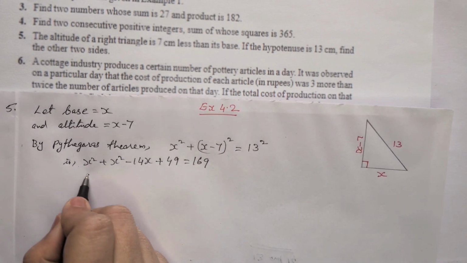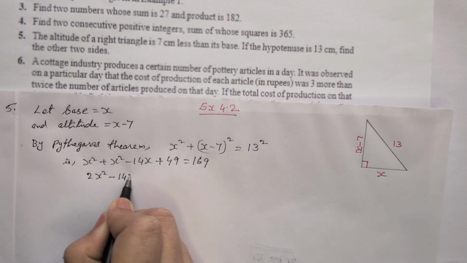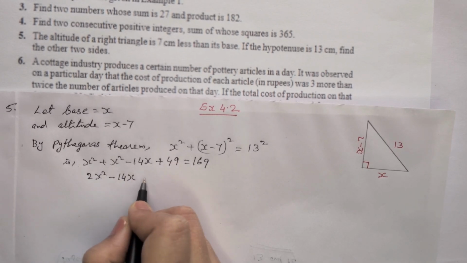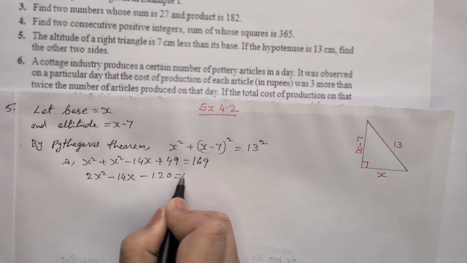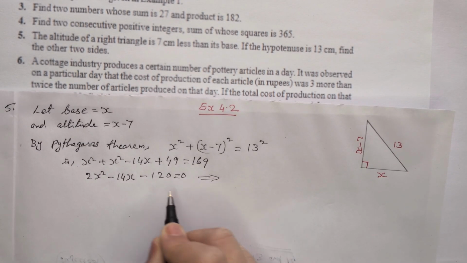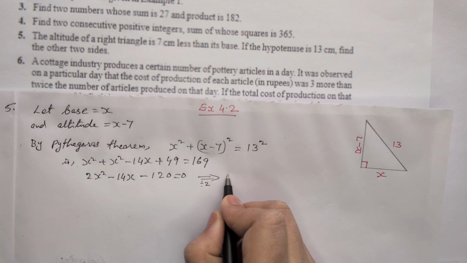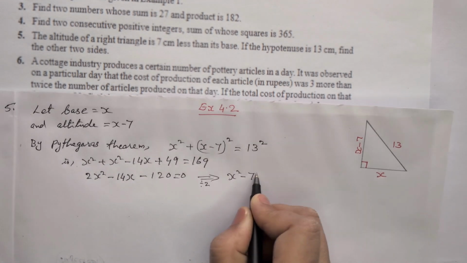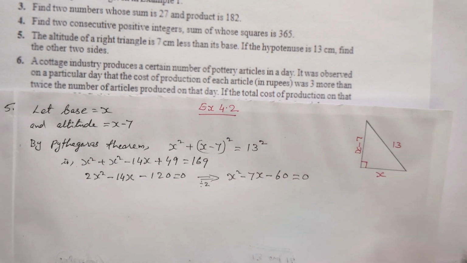This we can rewrite as 2x square minus 14x minus 120 is equal to 0. Again we can divide by 2, we will get x square minus 7x minus 60 is equal to 0.